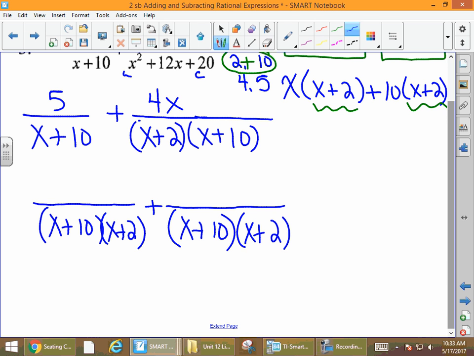Now we need to ask ourselves, did we put anything into the denominator that wasn't there already on that first one? 5 was already there. Did we put anything in? Well, we had an x plus 10. Now we have x plus 10 times x plus 2. We put in an x plus 2.